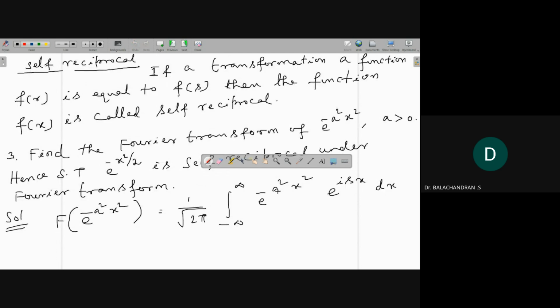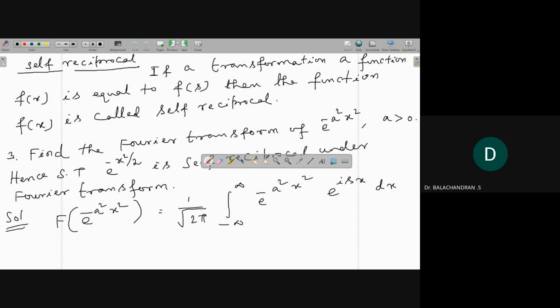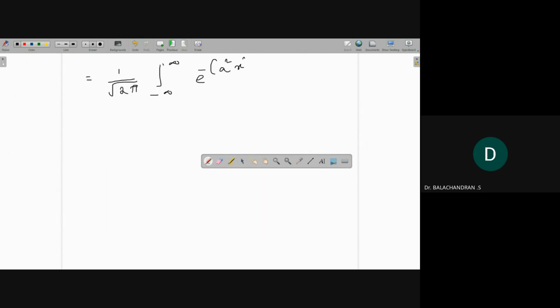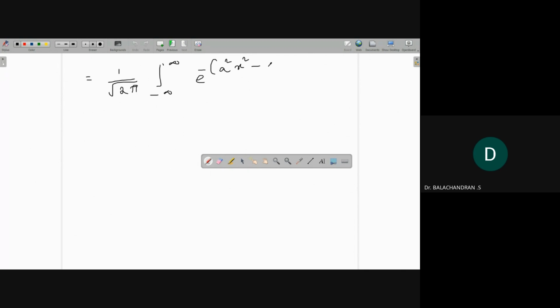If I take minus common, we'll get e power minus of a square x square minus isx into dx. Okay.